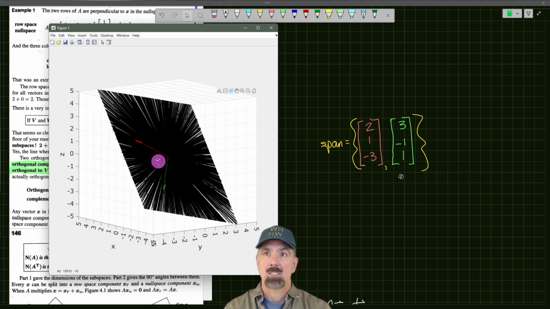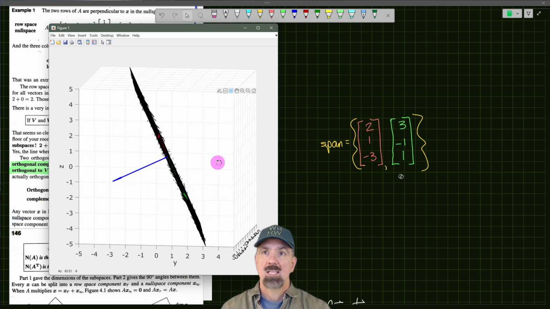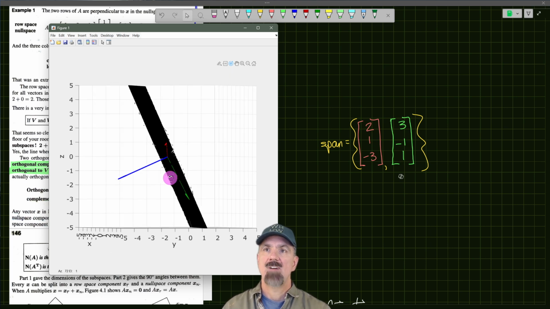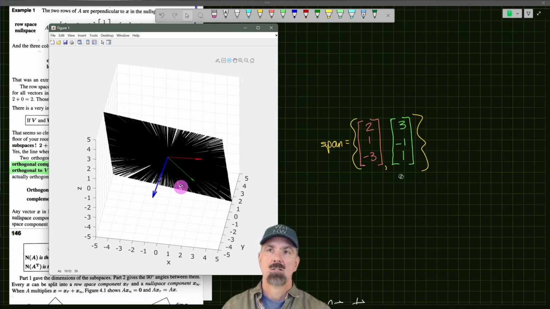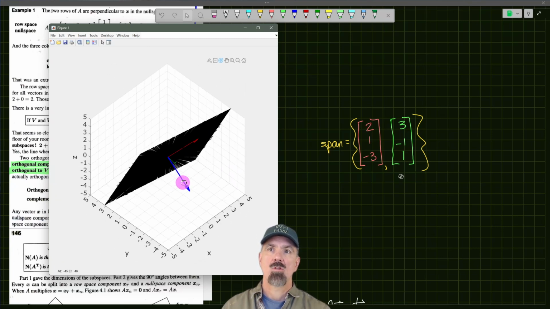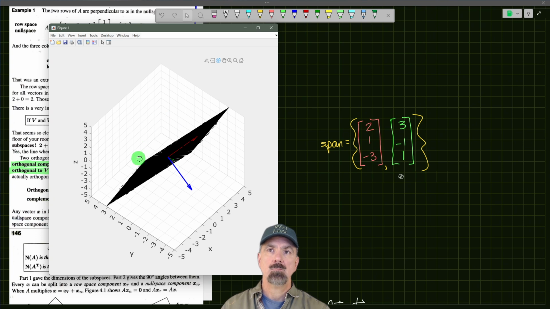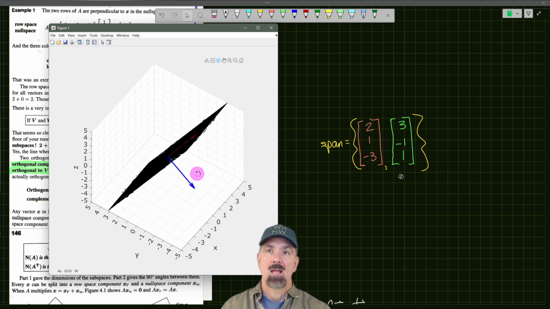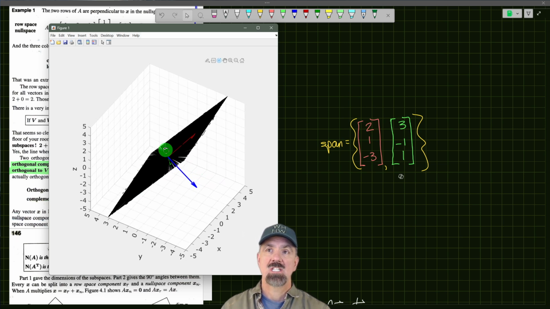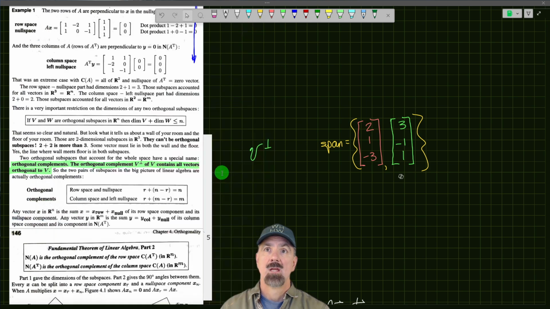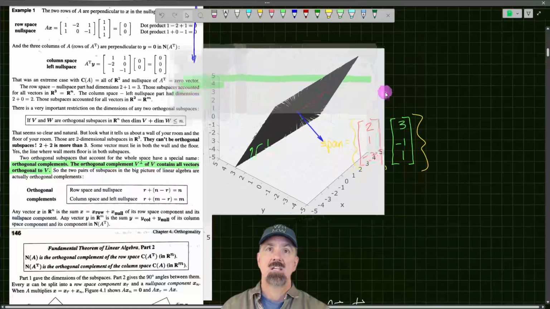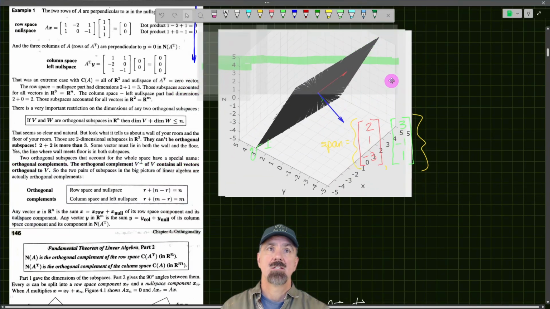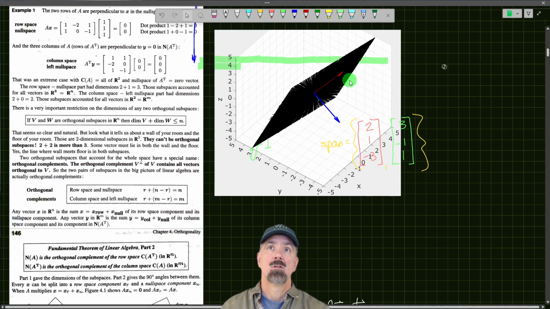But what this leaves us is the orthogonality of the other subspace. This is the orthogonal complement. This blue vector represents the subspace that is orthogonal to the span of these two items here. We'd like to better understand what this is representing. I have a picture of it here. This is the fundamental subspace.